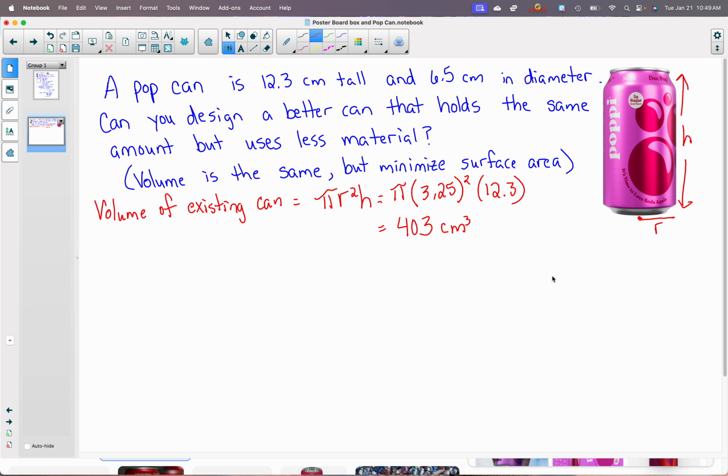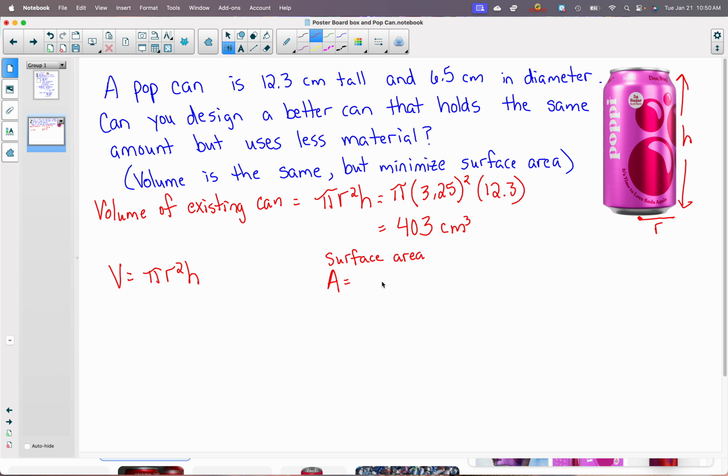And that would be the volume of the existing can. So the two formulas I'm going to be making use of are volume equals pi r squared h, and I need the surface area formula. If this was something on the AP exam, they would say something like, recall that the surface area of a cylinder, and they would give you that formula.